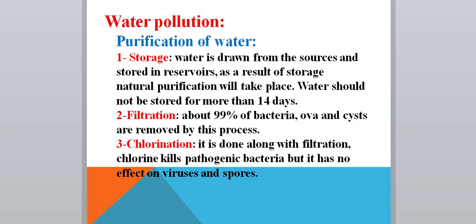So this stage comes under number 1, storage. Water is usually drawn from the sources and stored in the reservoir. As a result of storage, natural purification will take place by air and the sun.